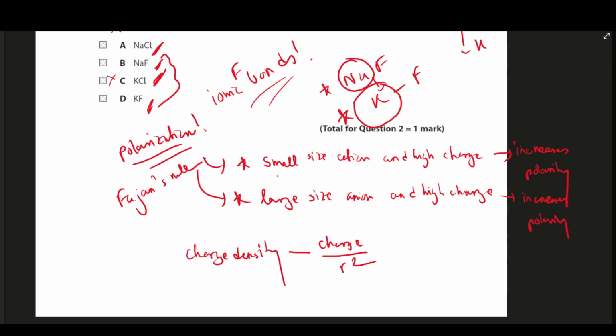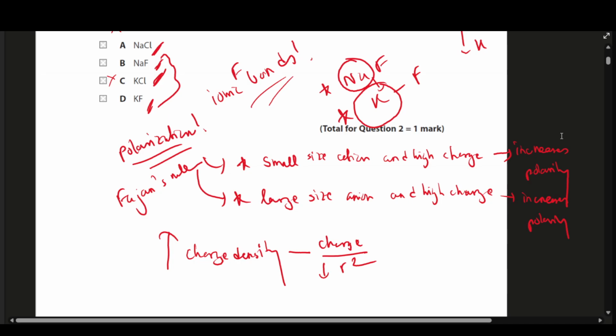Check this out. If the cation is smaller in size, the charge density is increasing. Everything depends on the charge density. If the cation size decreases, then the charge density increases, and this results in a higher polarization.